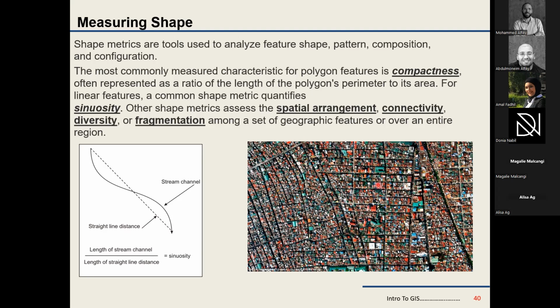So we have a number of metrics that run on that. Some other metrics, for example, there is something called sinuosity, where this is the road we have, and we are examining how much curvature there is: if we take a straight line and then follow the actual line, the difference between the two.